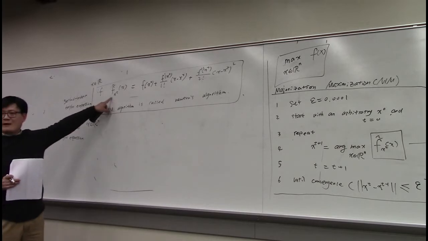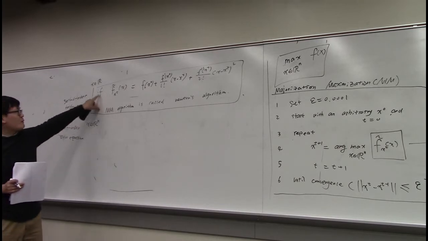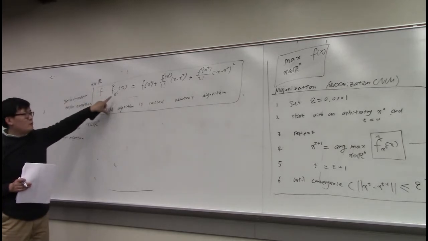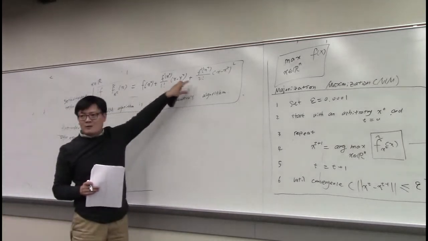I just want to make it simple for you. For the vector form, x belongs to R^n, you can just Google the form of the second order Taylor expression.